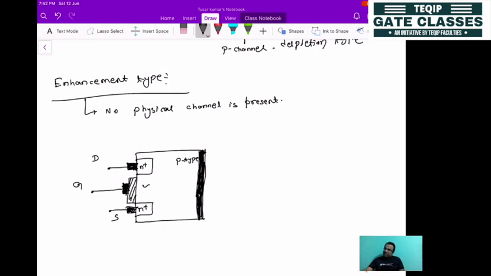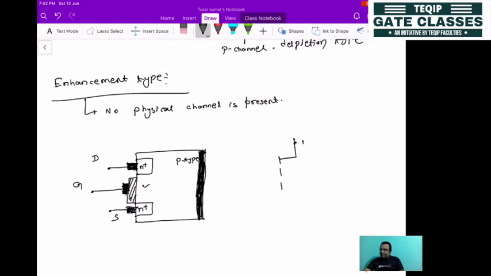the enhancement type MOSFET. If you try to draw the symbol for this enhancement type MOSFET, it will be a little bit different. By looking at the symbol, you can say whether it is an enhancement type or depletion type MOSFET. Here it is like this.